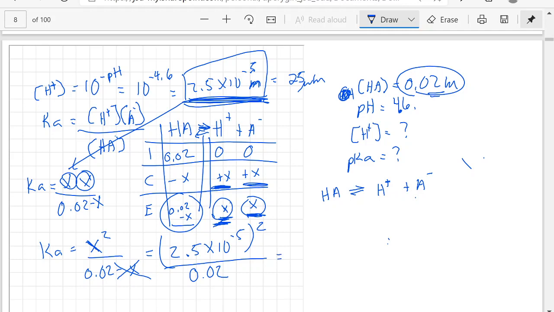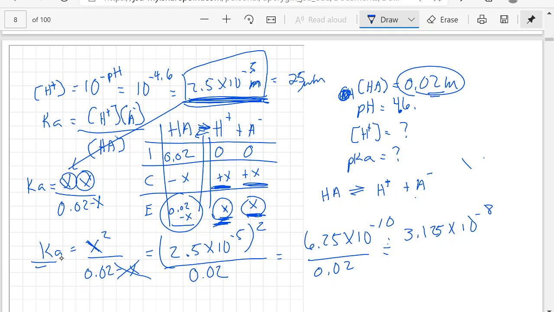And so that gives us 6.25 times 10 to the minus 10th over 0.02, which is equal to 3.125 times 10 to the minus 8. So that's our Ka.